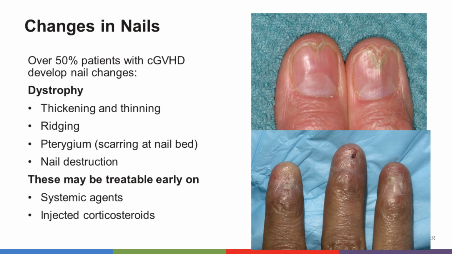Sometimes if the patient's getting systemic therapy for other forms of graft-versus-host disease, these nails will spontaneously improve. Sometimes we'll take a little bit of corticosteroid treatment and we'll inject it at the base of the nail into that growing area at the base of the nail to try to decrease the amount of inflammation and decrease the possibility that there'll be dystrophy of the nails.